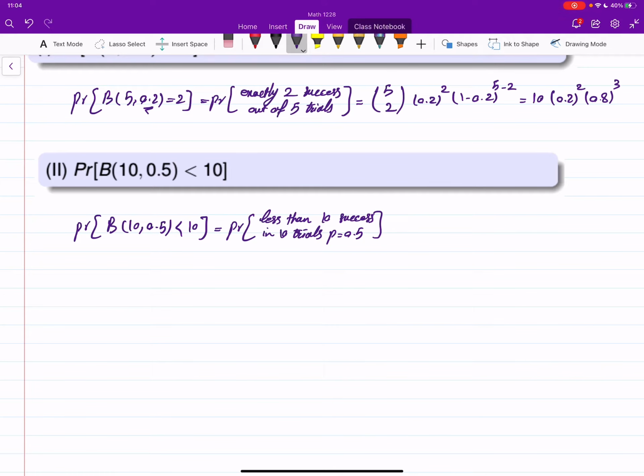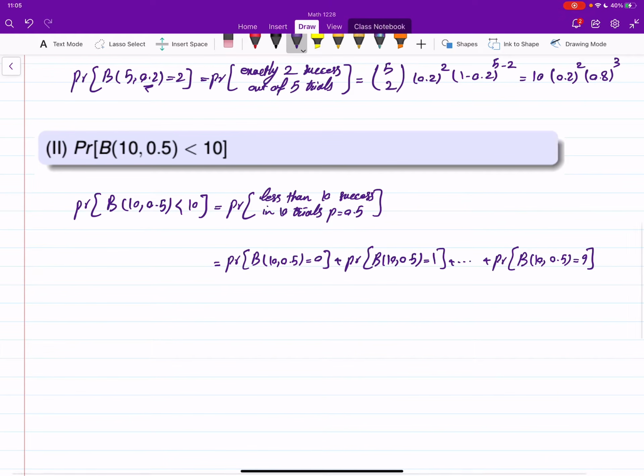Here we are looking for the probability of less than 10 heads coming up. Well, less than 10 means the probability of exactly no head or success, exactly one success, and up to the probability of exactly 9 successes. Well, you can do one by one and add them. You have a formula for all of those ones.